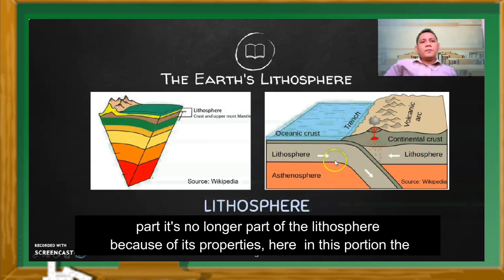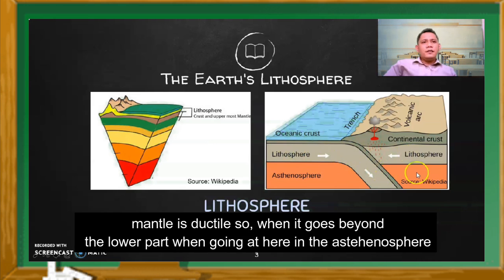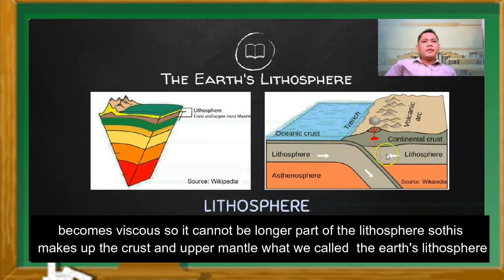Here in this portion, the mantle is ductile. But when it goes beyond, in the lower part, it becomes viscous, so it can no longer be part of the lithosphere. So this makes up the crust and the uppermost mantle, what we call the Earth's lithosphere.